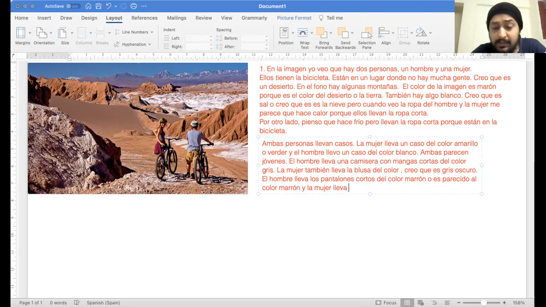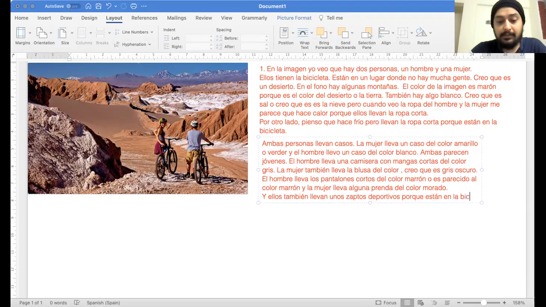It's not much clear to me, but you can say lleva alguna prenda del color morado. Ok, y ellos también llevan unos zapatos deportivos, sport shoes. ¿Por qué? Porque están en la bicicleta. Aparte de esto, en la imagen hay algunas piedras muy grandes.